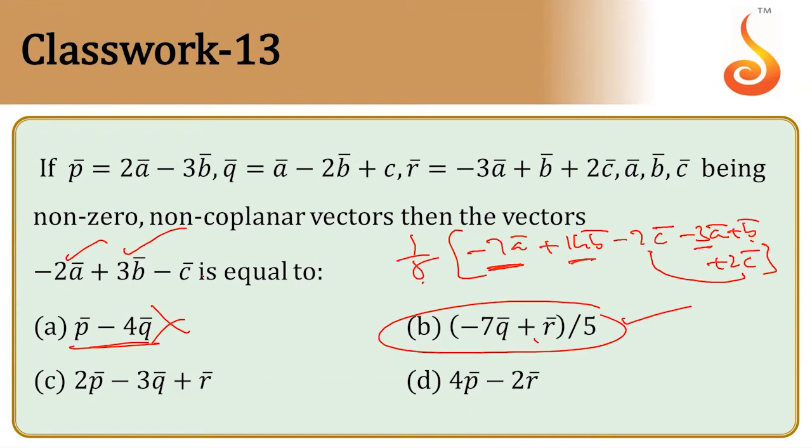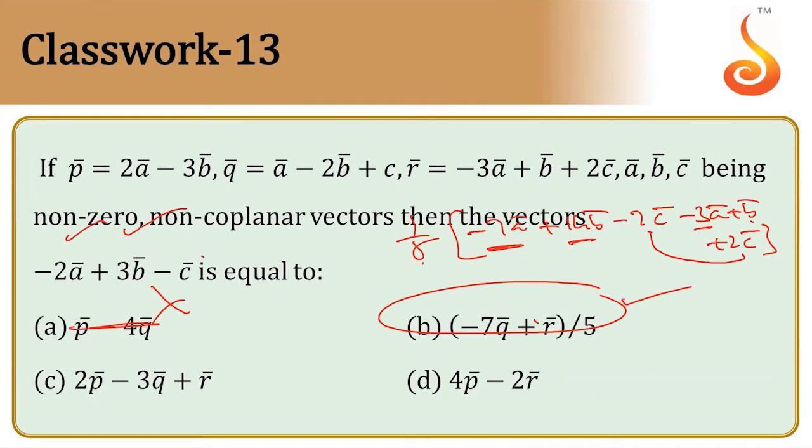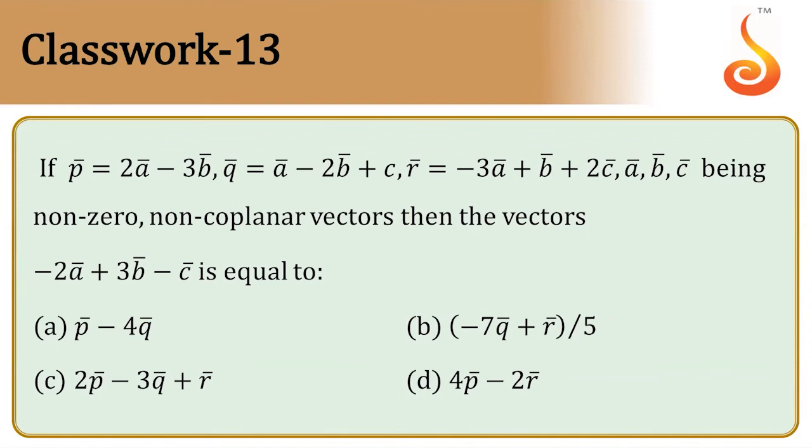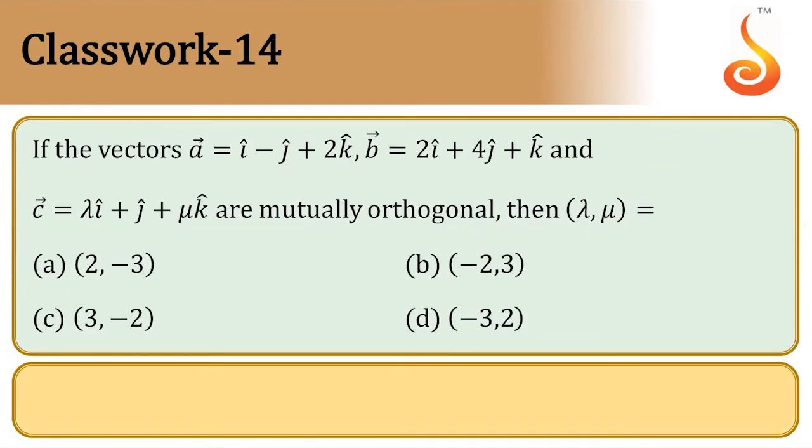Okay. The next question. Yeah, try this question yourself. They are mutually perpendicular orthogonal vectors, which means the dot product is 0. A dot C is 0 and B dot C is 0.